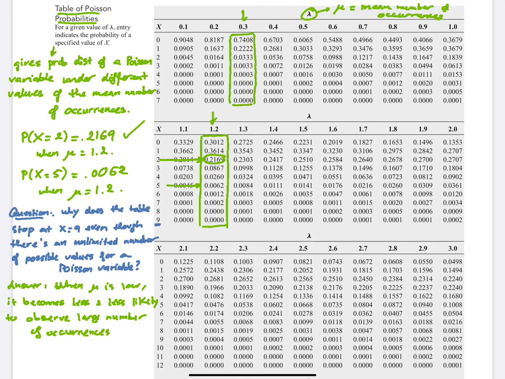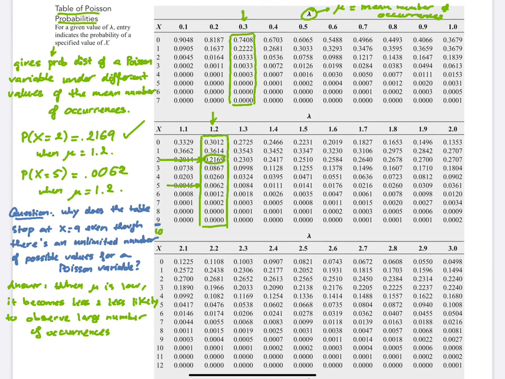So for example, let's say we want to find the probability that x is equal to 10. The probability that x is equal to 10 when mu is 1.2 is going to be 0 when rounded to 4 decimal places.